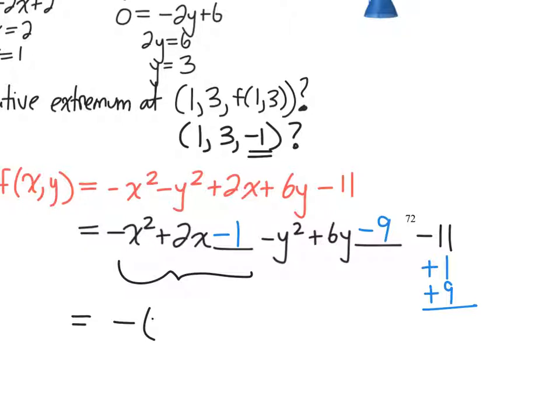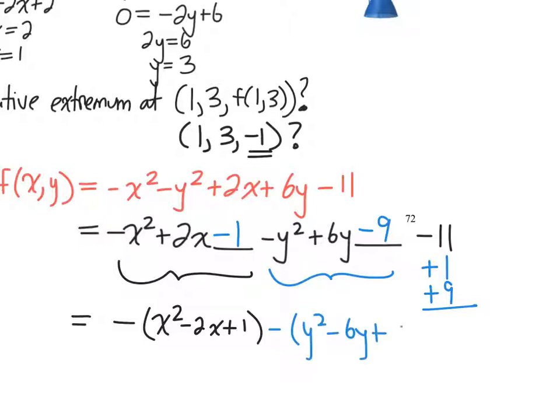I'll pull it out. X squared minus 2x plus 1. I have a GCF over here, also a -1, so minus y squared minus 6y plus 9, and then minus 1. All right, -11 plus 10.